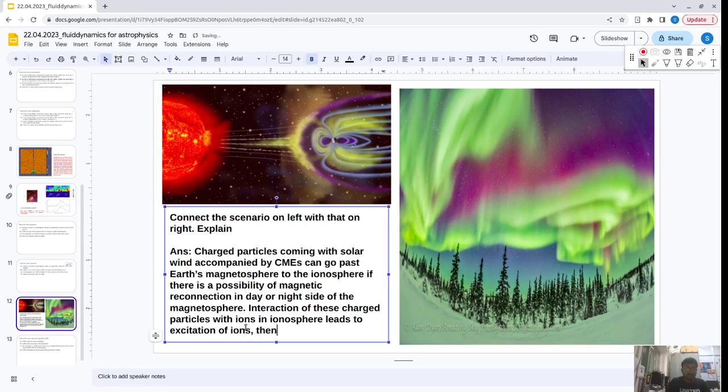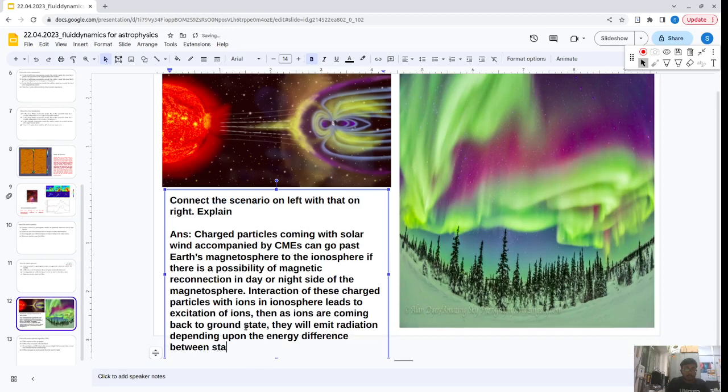Then as ions are coming back to ground state, they will emit radiation depending upon the energy difference between states.